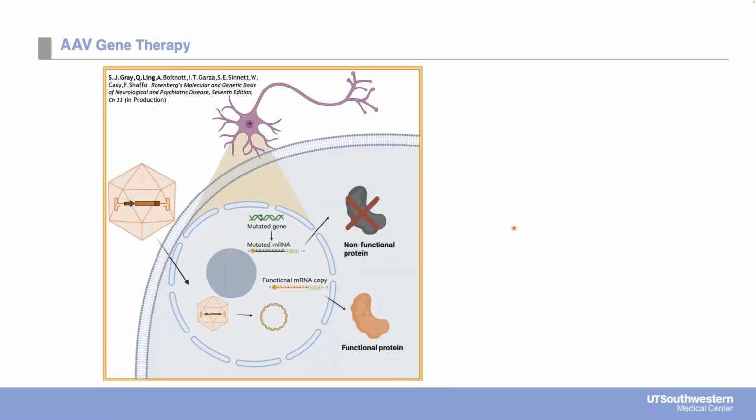I wanted to start out with just explaining how basic AAV gene therapy works. In principle, when we know that the disease at hand is caused by a loss of function protein, or a gene that's been mutated and renders a non-functional protein, what we can simply do is package a functional copy of the gene into adeno-associated virus, or AAV, and deliver it to the patient, where once it's infected in the cells, it produces a functional copy of the protein, restoring the normal function of the cell.